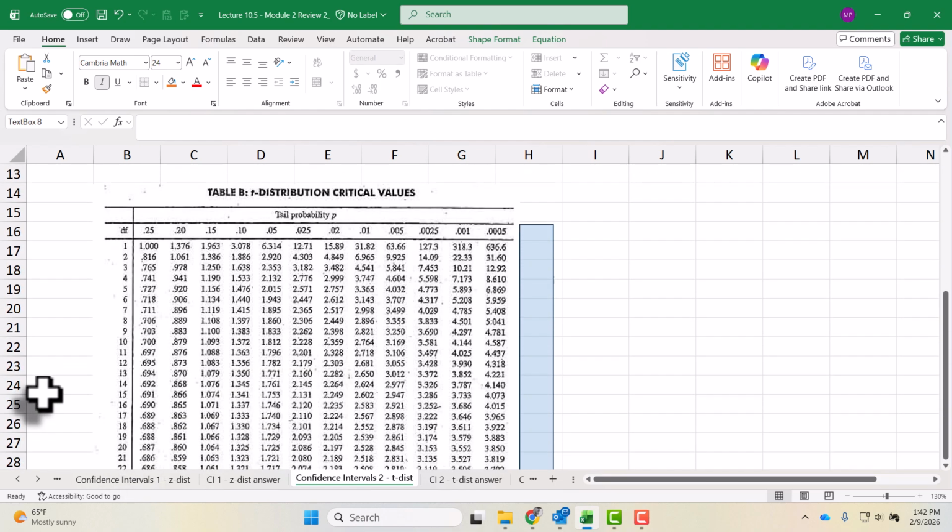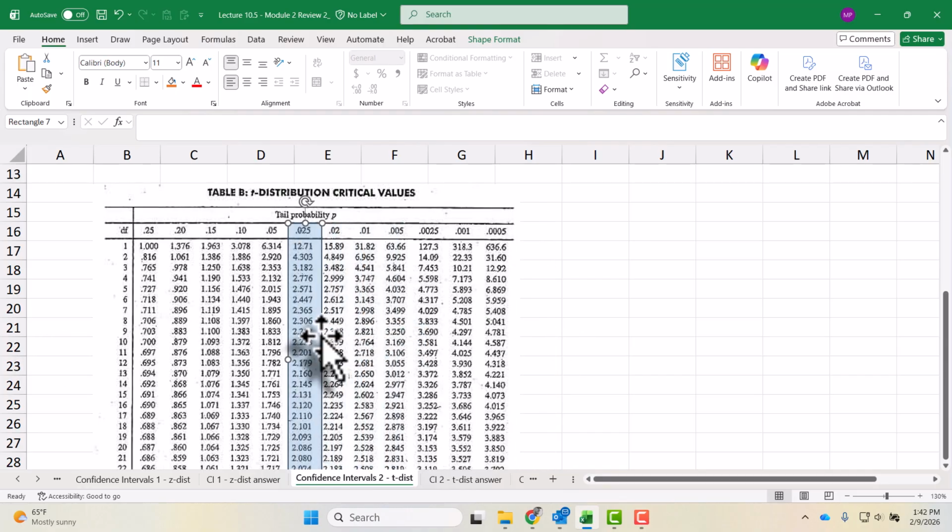So if we scroll down, we have our t-table here. First step is figuring out which column we're going to use to find our critical value. Now, if you remember, for the 95% confidence interval, the outside on either side of that range is going to be 2.5%. Putting that into a proportion, that's going to put us in the 0.025 column.